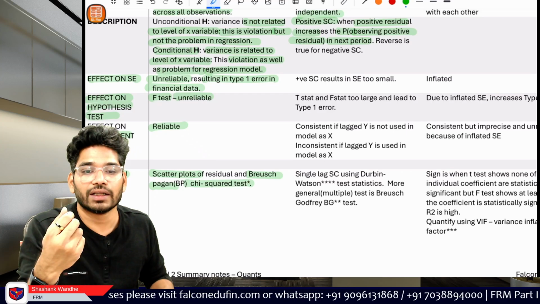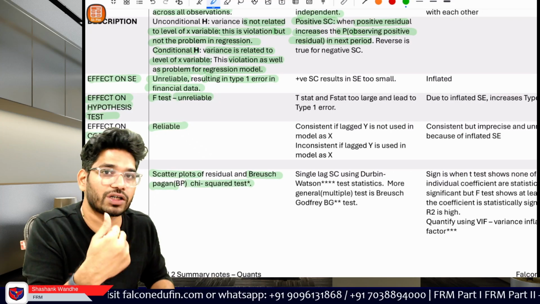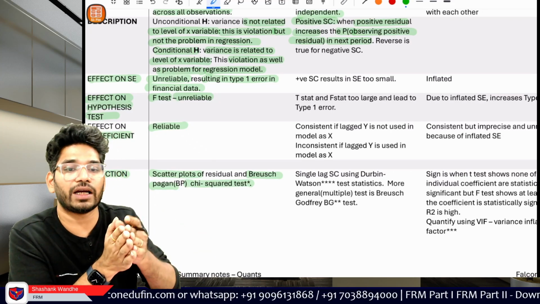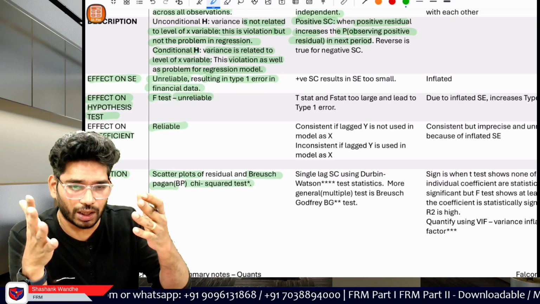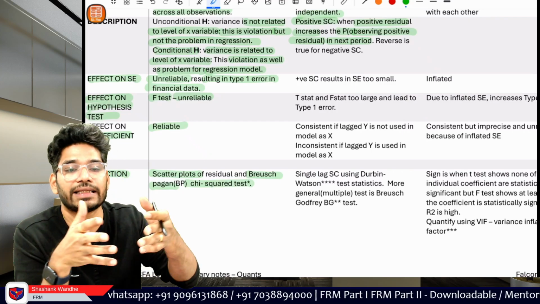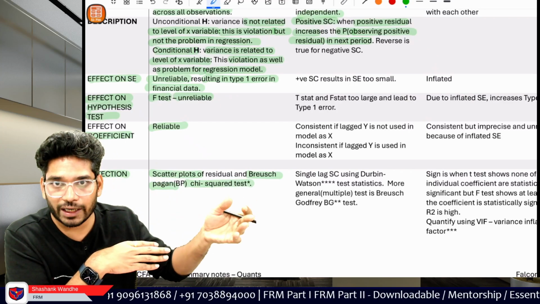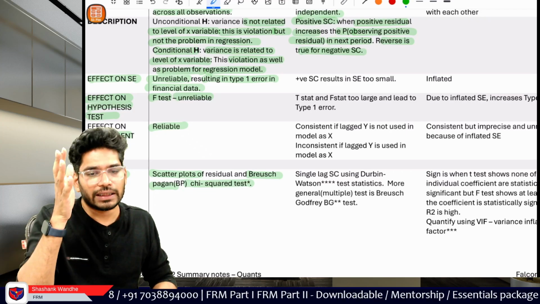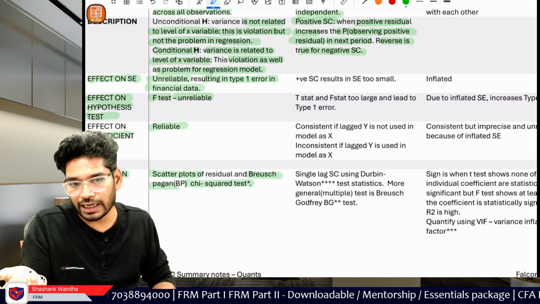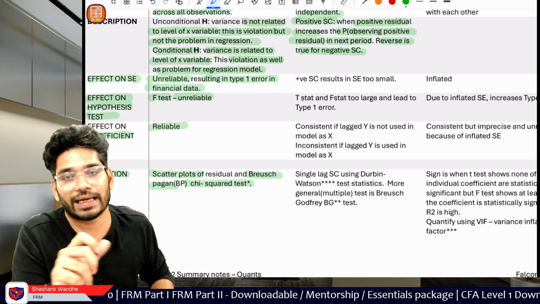And the reverse is true for negative serial autocorrelation. If the serial autocorrelation is negative, then it increases the probability of observing a negative residual in the next period.